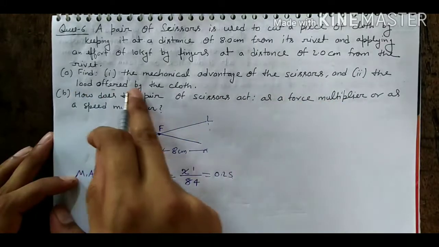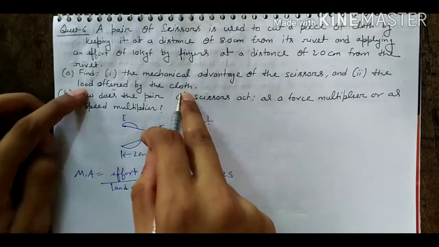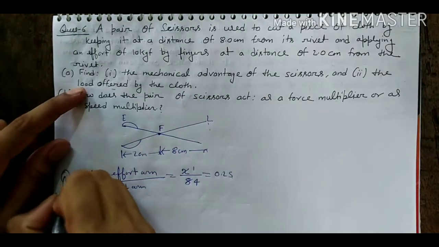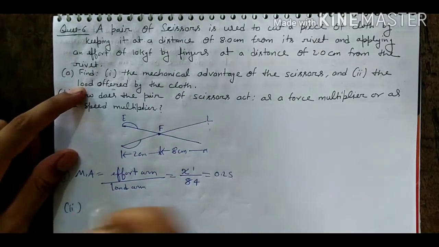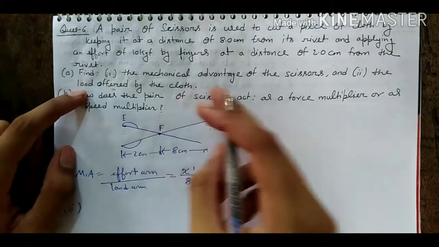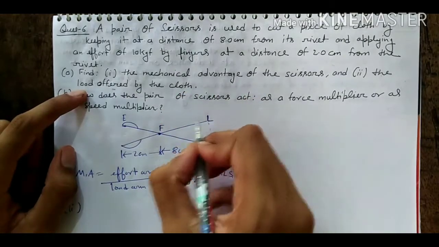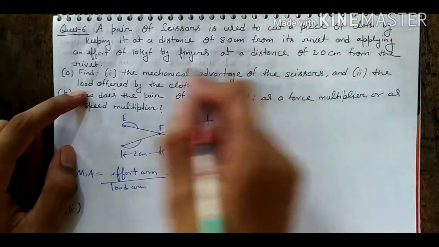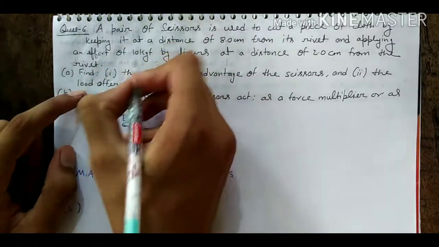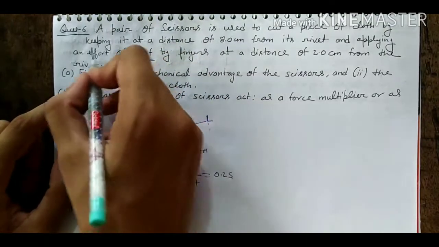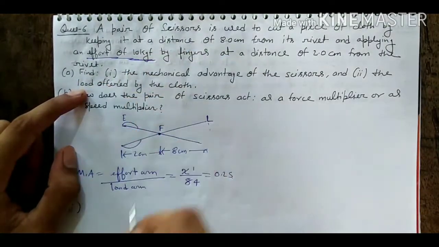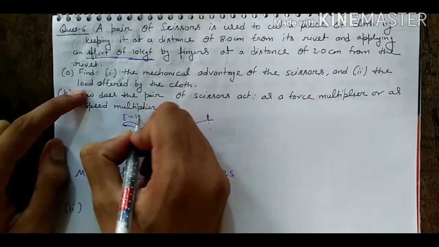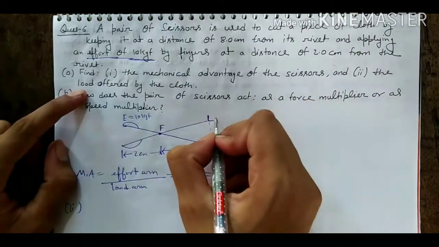Second question, the load offered by the cloth. Load is asked. This is the first part, and in the second part, the load offered by the cloth, this load we have to find. In this question, an effort of 10 kgf we are applying. It means effort is given as 10 kgf. We have to find the load.